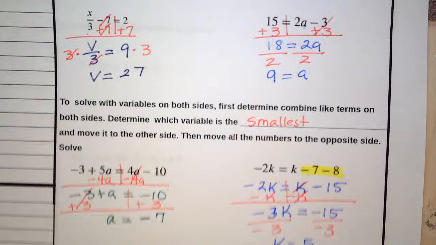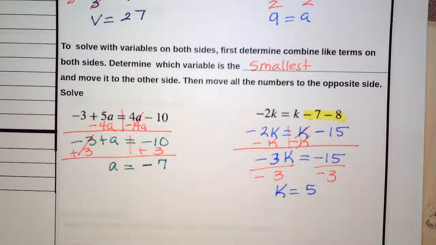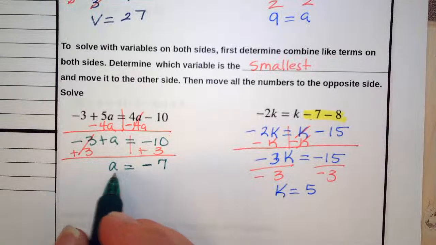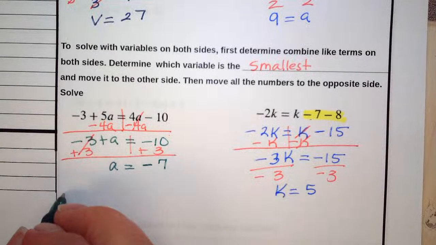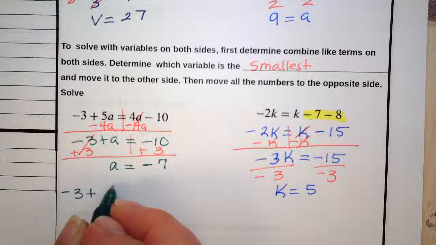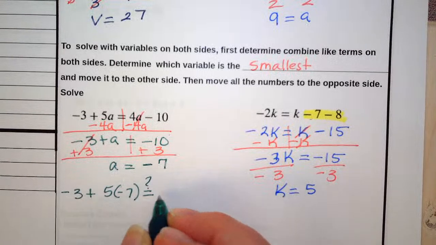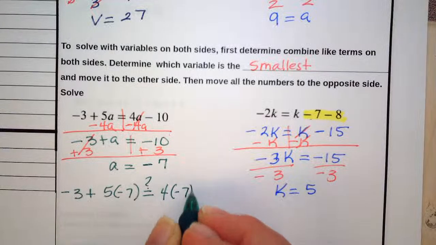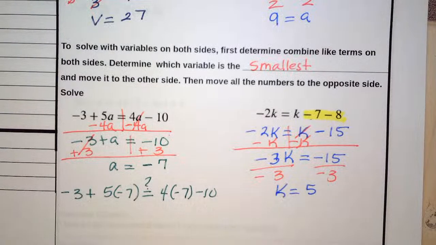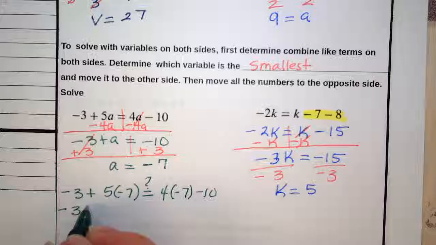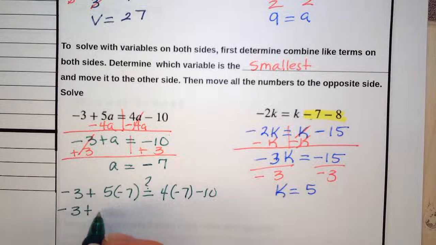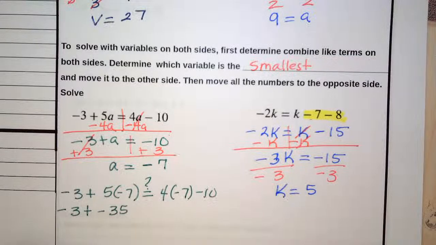Have we checked our answers? No, we have not. So let's check those answers. Okay, I'm going to substitute -7 in for A. -3 plus 5 times -7. Is it equal to 4 times -7 minus 10? 5 times -7 is -35.